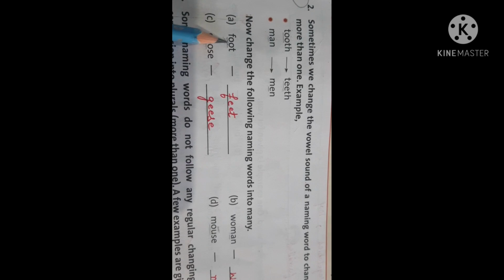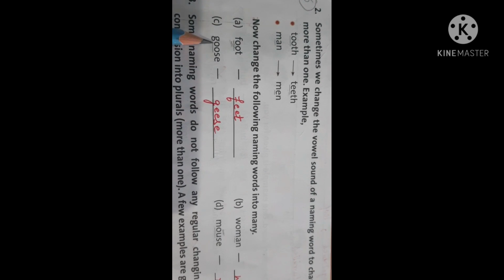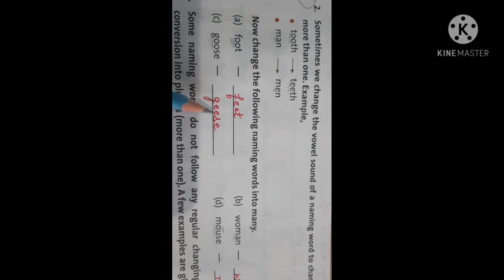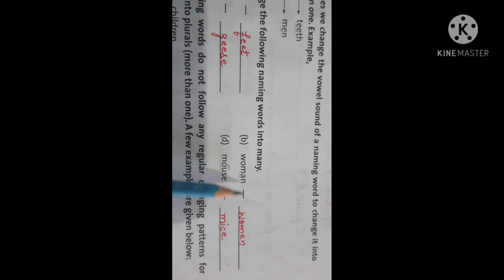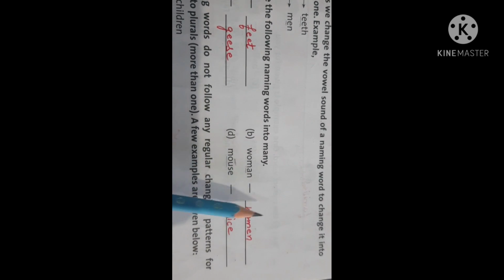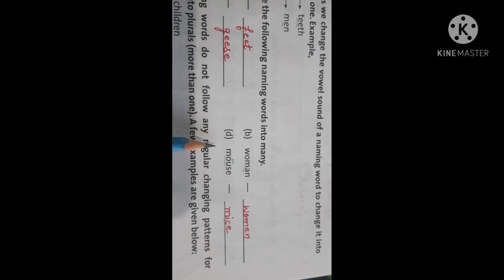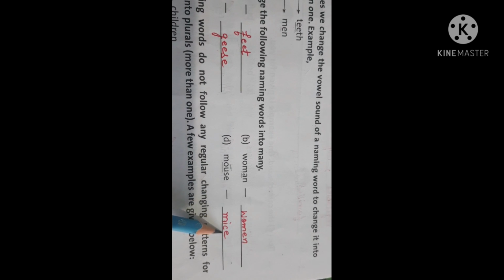Vowel sound has to be changed. Foot, it is a U sound, this will change into E sound. Feet, right? Goose, again U sound, we will change into E sound. Geese. Woman, right? It will change into A sound, will change into E sound. Woman, right? Now mouse, mice.